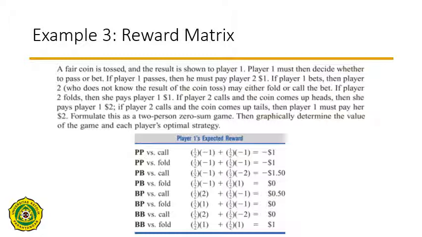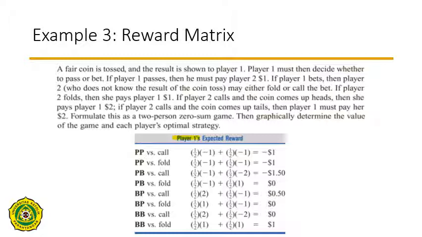Because row has four strategies, column has two strategies. Okay, and then notice here that the element inside the reward matrix must show the expected reward for player 1, because the value inside the reward matrix always shows the reward with respect to the row player.